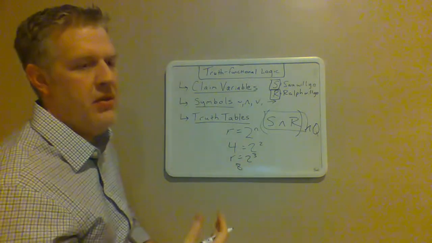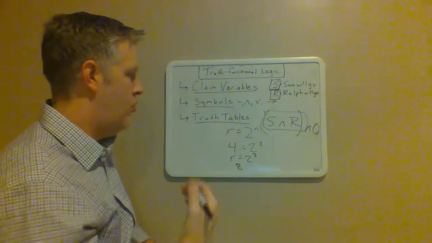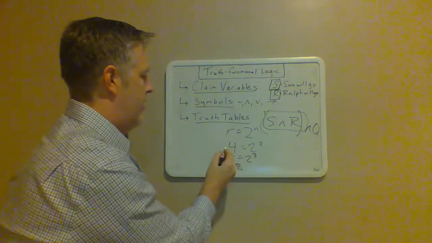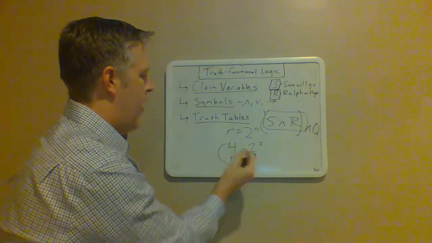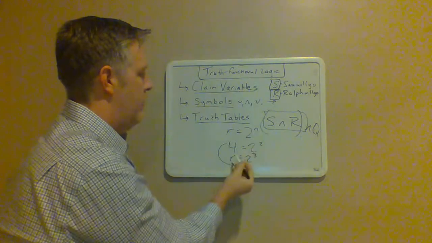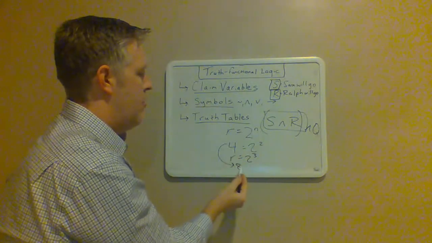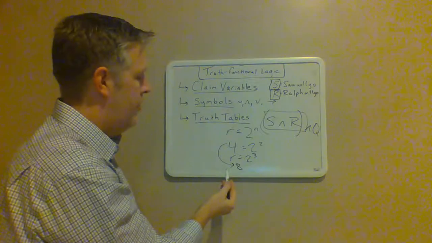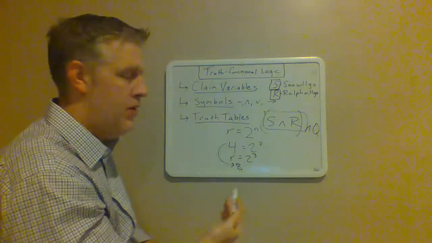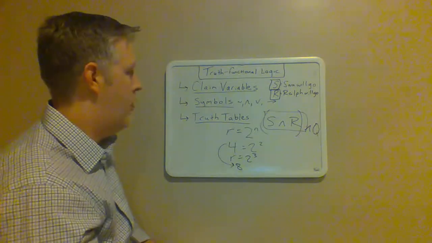Basically the gist of it is for each new claim variable you add, it's going to double. So if you have 2 basic claim variables, then it's going to be 4 rows. If there's 3 basic claim variables, it's going to be 8 rows. If there's 4, it's going to be 16 rows, 5, 32 rows, and so on.